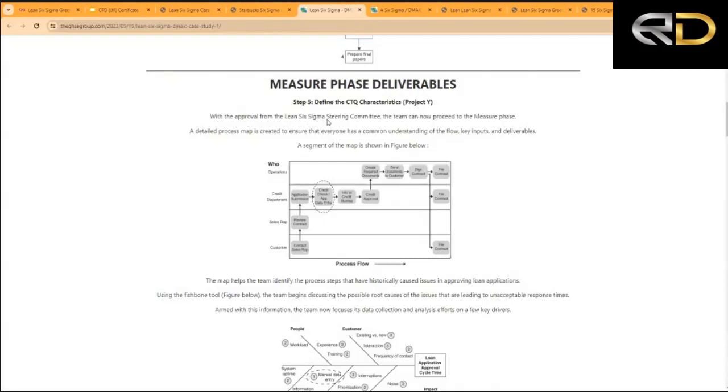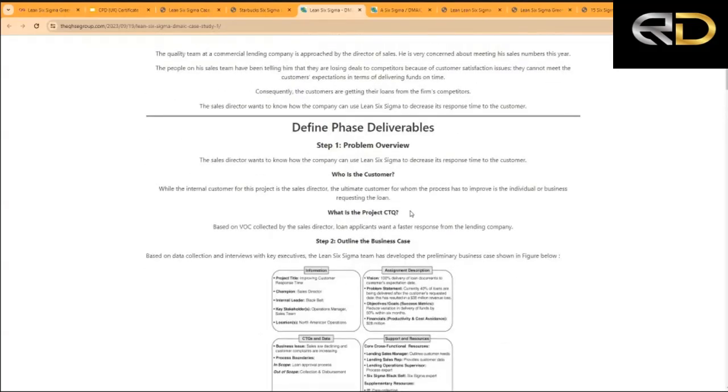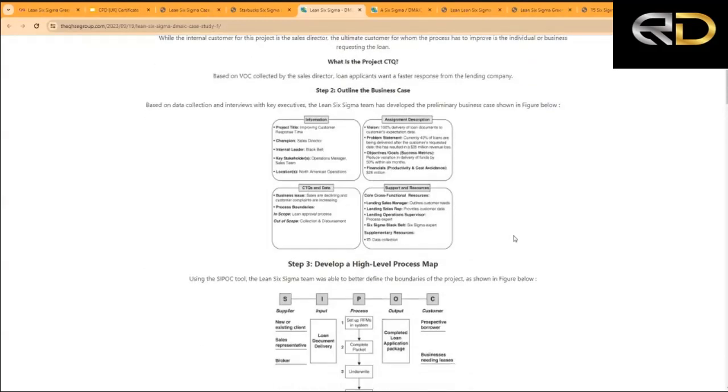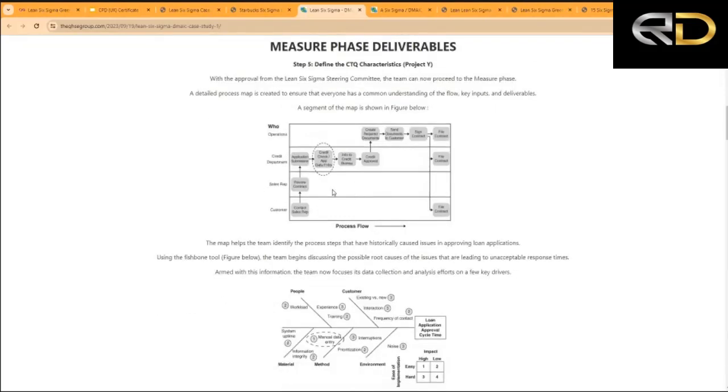With the approval from the Lean Six Sigma Steering Committee, the team can now proceed to the measurement phase. It means that this is indeed a big enough problem and a legitimate issue that they need to improve. So a detailed process map is created to ensure that everyone has a common understanding of the flow, key inputs and deliverables, and the segment of the map is shown below.